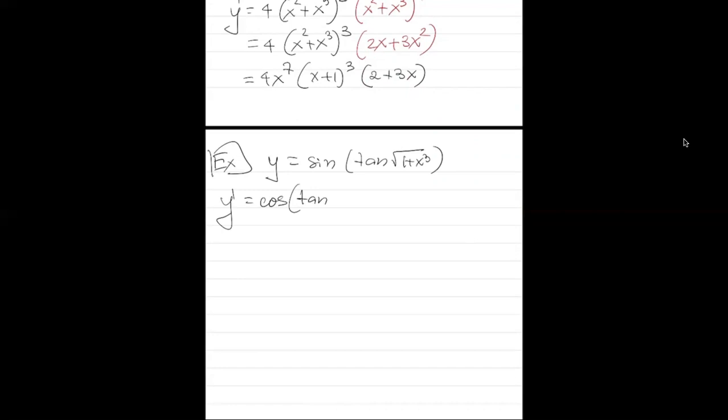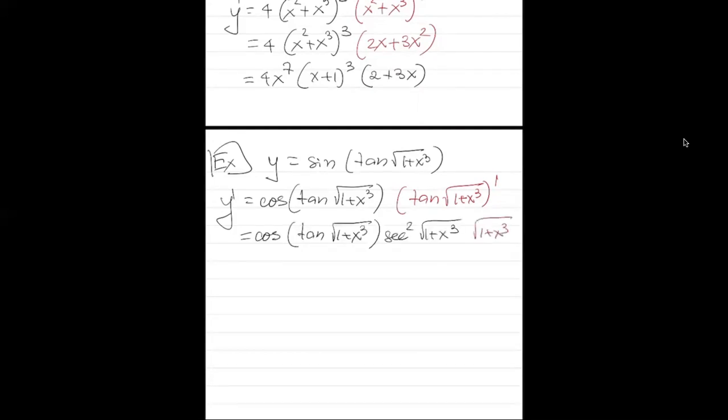But then we have to multiply by the derivative of the input for sine, which is tangent of (1 plus x to the third), which in itself is a composite function. Okay, so the derivative of the tangent, we know it's secant squared of all that, times the derivative of the input for the tangent. So it's getting long here, but one more step.